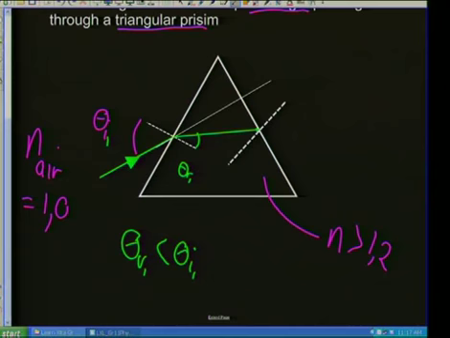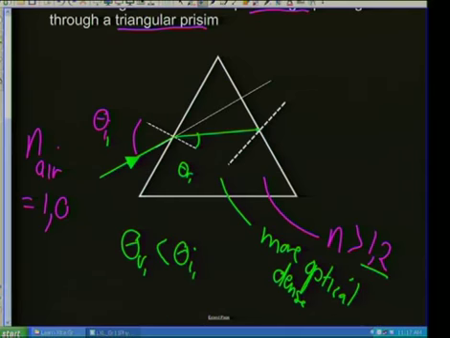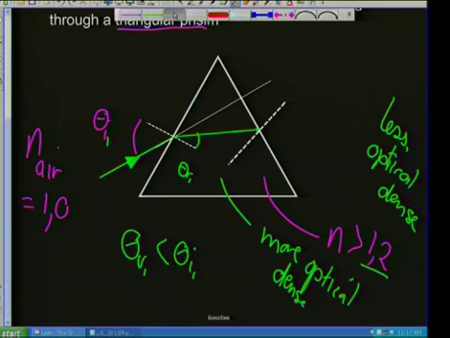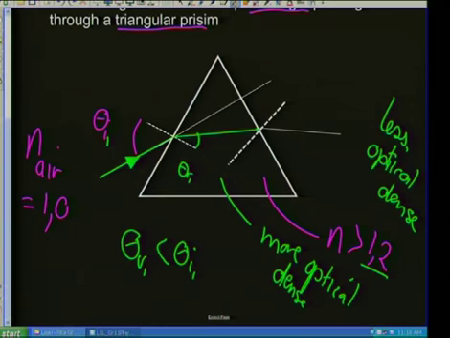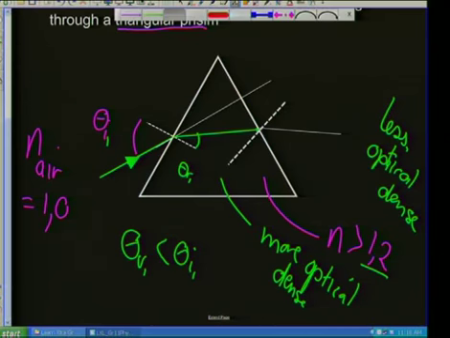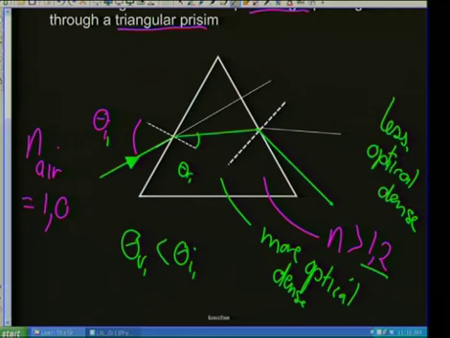If it's moving from a more dense, remember this is more optically dense, because I know it's greater than 1.2, to less optically dense, then how is it going to bend? It's going to bend away from the normal. In other words, it's not going to carry on going in a straight line. It's not going to follow that path. But what it's going to do, it's going to bend downwards. It's going to bend down like that.